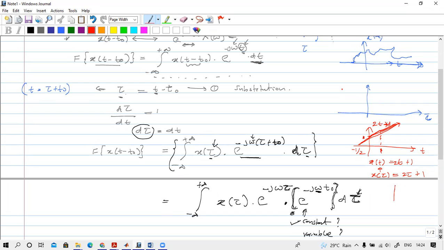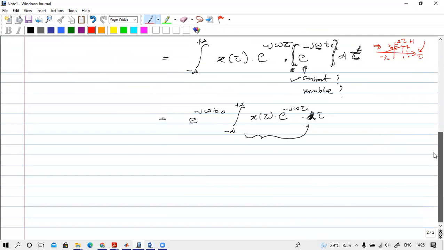If I draw this signal with respect to tau, it will look like this: here it is minus half, here it is 0, at 1 it will be 3, at 2 it will be 5. So this signal and this signal are the same, only the letter is changed. It is only a letter changing, but there is no effect, no?